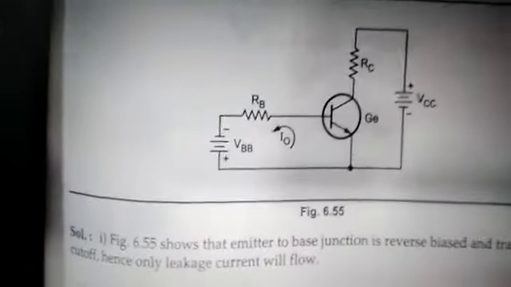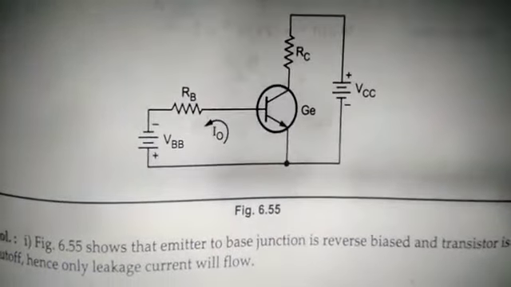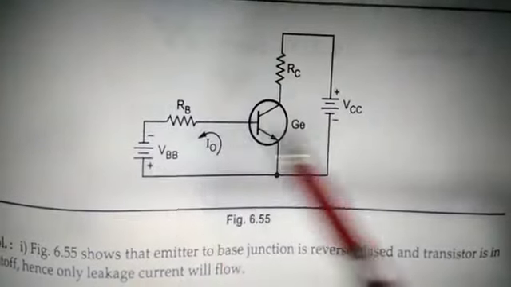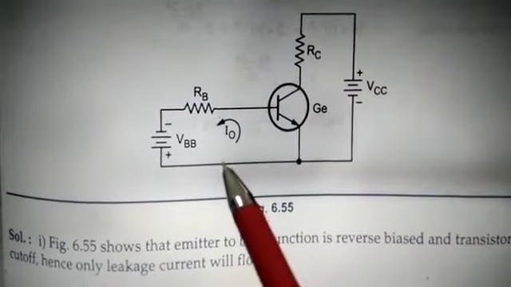That is the question. This is the circuit of the common emitter, with VBB, VCC, RB and RC.